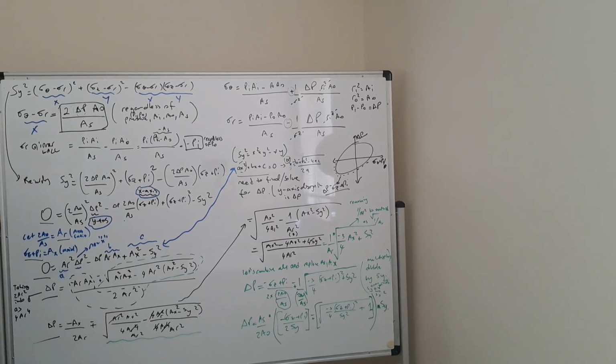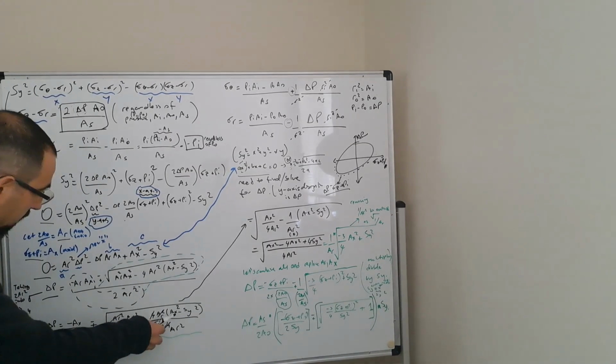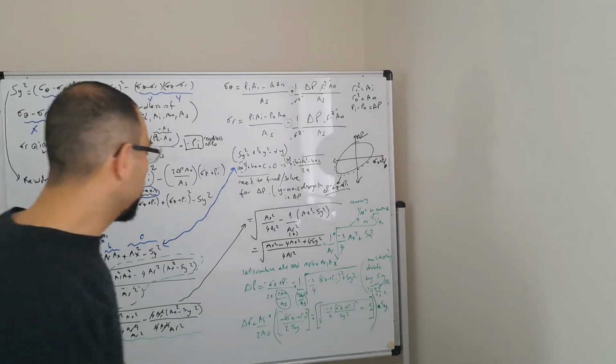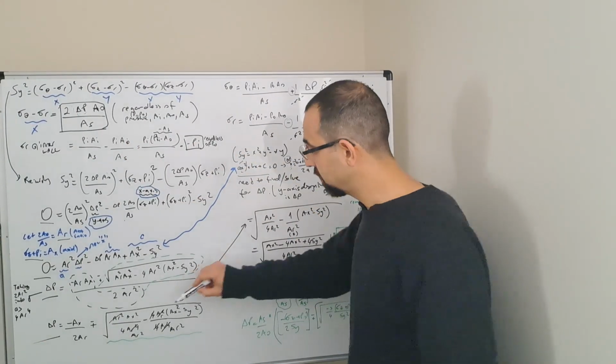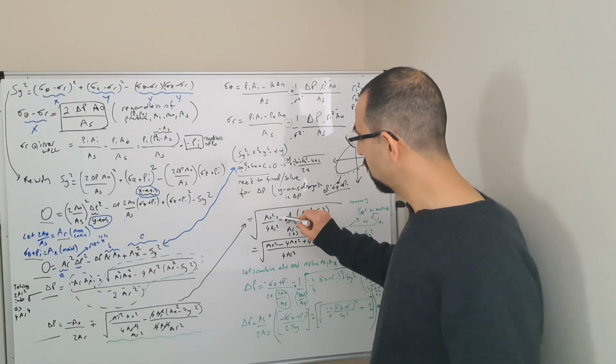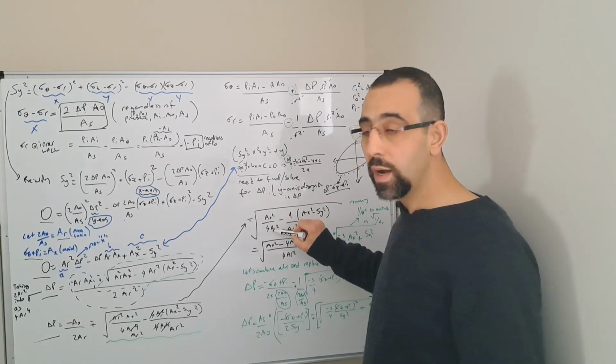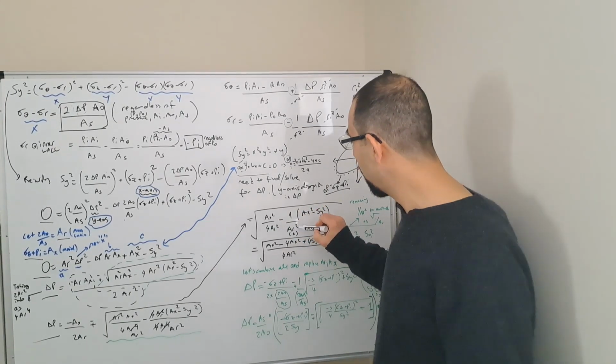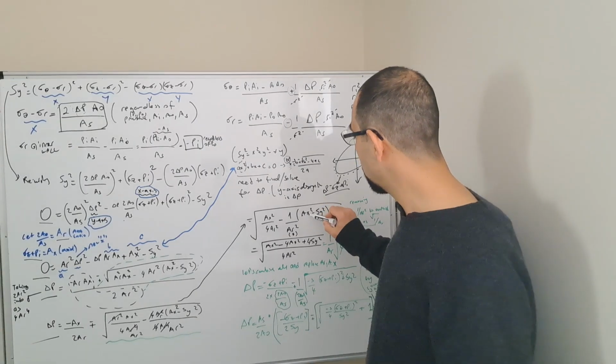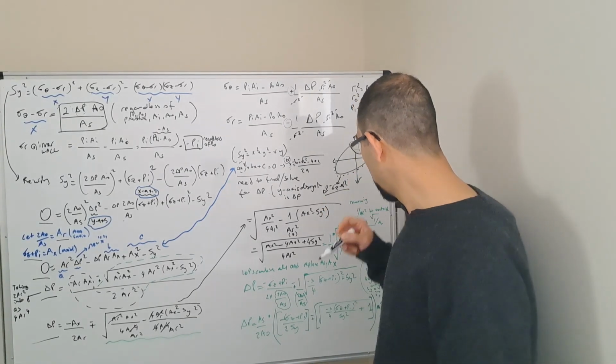This 2ar squared I will pull into the square root as 1 over 4 times ar to the 4. And then when I simplify the terms, the root is equivalent to ax squared plus 4ar squared minus 1 over ar squared times ax squared minus the sy squared.